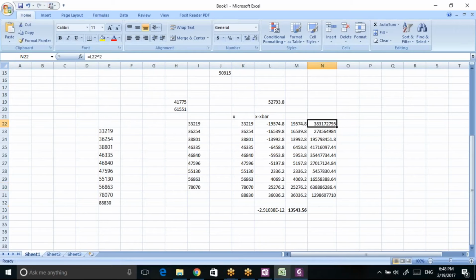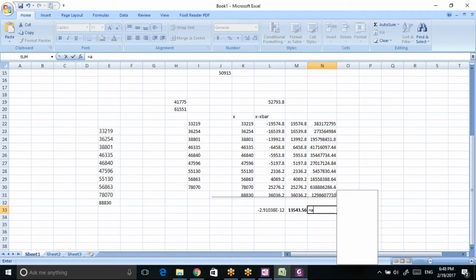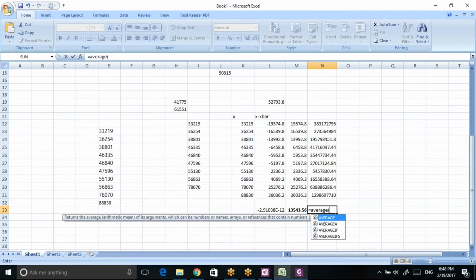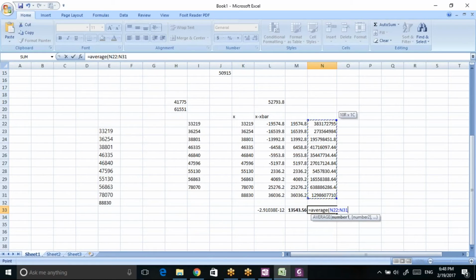And then take the average of this. It's a pretty huge value because the data points were in thousands of dollars. Now we also squared it, so it has become much bigger.